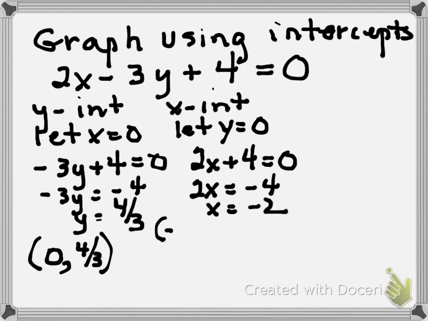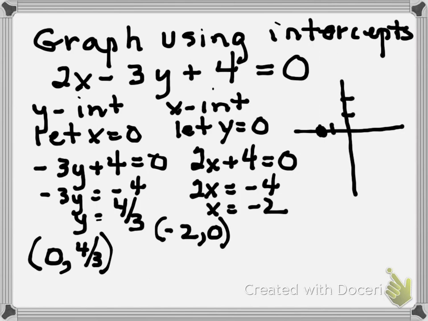So now I have the point negative 2, 0. So a quick sketch of this. I have the point negative 2, 0. And I have the point 0, 4/3. 1 and 1/3 here. So a quick sketch of this is going to look like this.